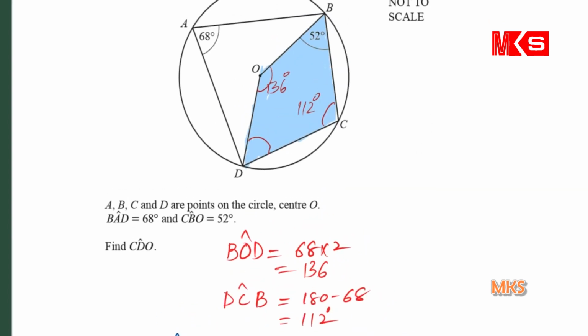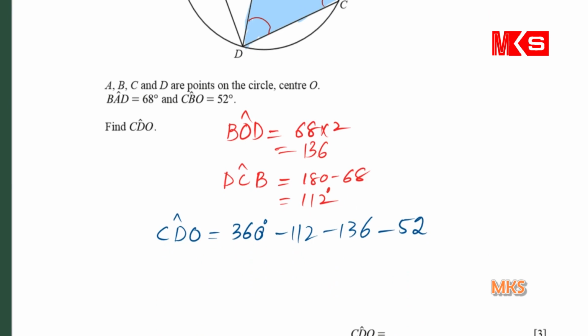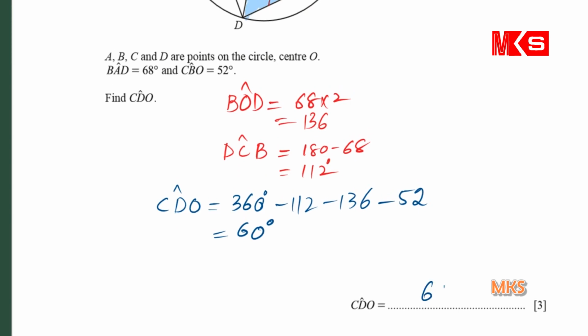Subtracting the three angles from 360 gives us the fourth angle of the quadrilateral, which is 60. So CDO is 60.